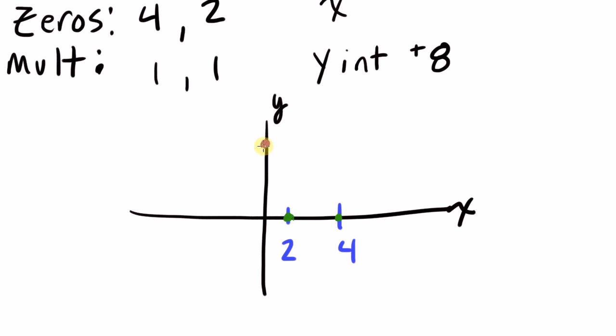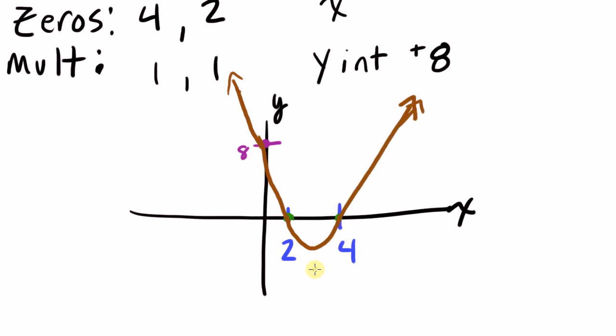So what is it going to do? The parabolic shape means that it's going to go over here and over here. So we come down, we go through 2, go down some point, come back up, and shoot off, something like that. So that would be my sketch of the graph.